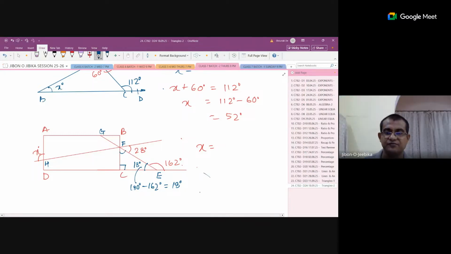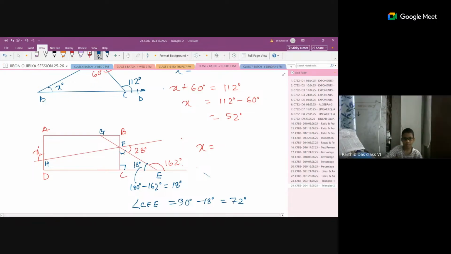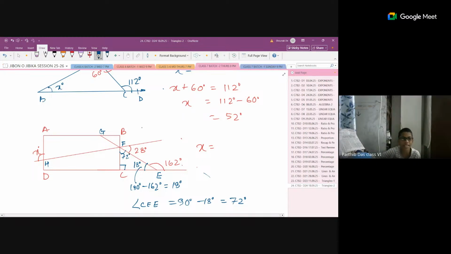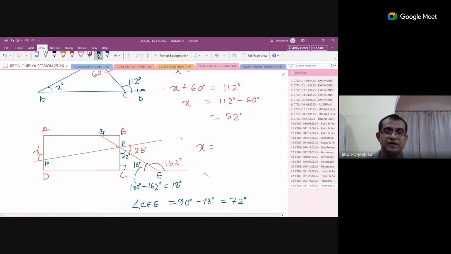So angle CFE is equal to 90 degree minus 18 degree, that is 72 degree. Okay, then GFH is equal to 28 degree because it is a vertically opposite angle. Okay, fine.